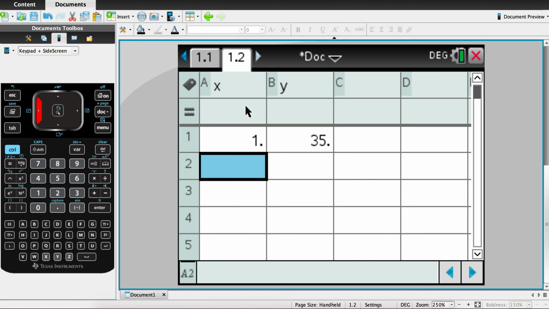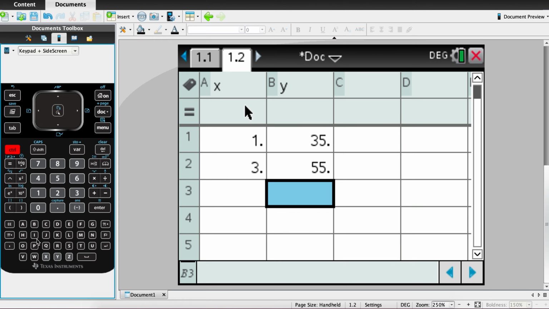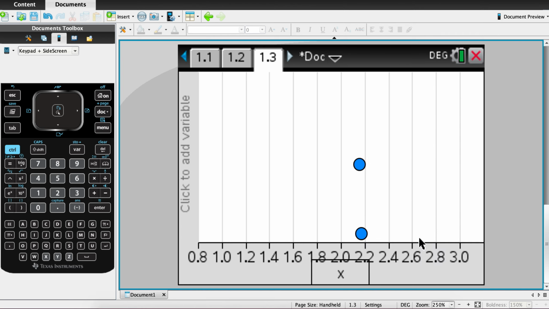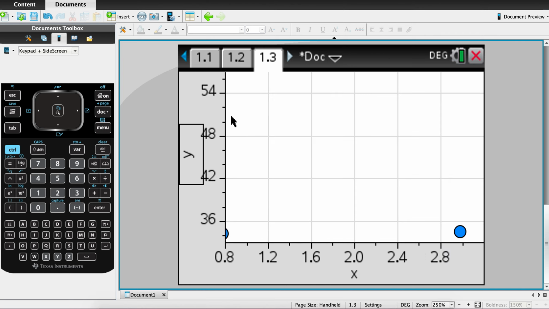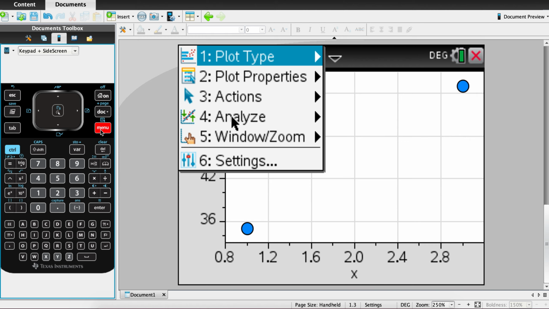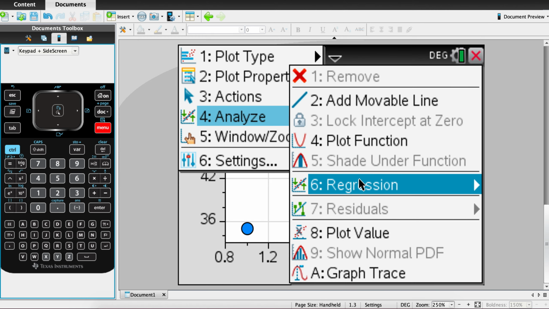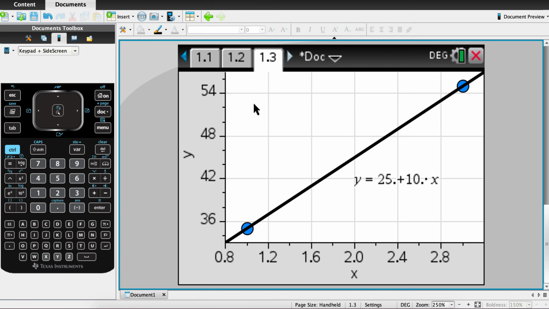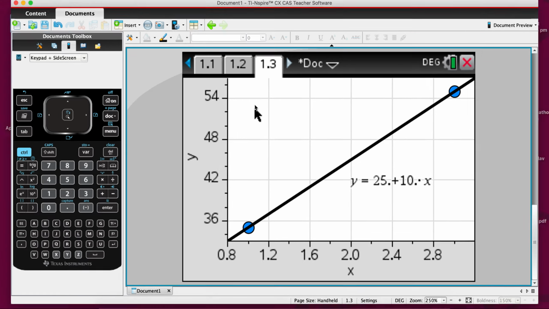We have this information, 1 bedroom for 35 and 3 bedrooms for 55. So, data and statistics, and I'll put that on a graph. And then if we do our analyze, regression, show linear, we can see our equation. So our equation must be C equals 25 plus 10n, since we had C and n.